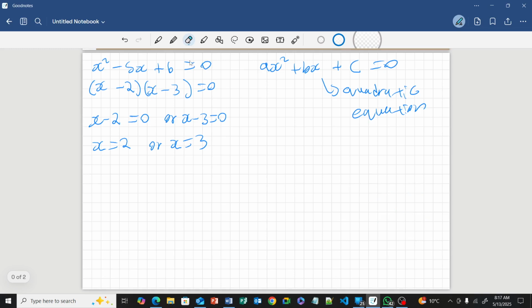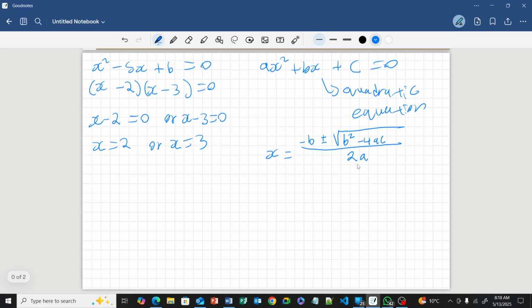The quadratic formula goes by saying that the value of x will be equal to minus b plus or minus the square root of b squared minus 4ac, divided by 2 times the value of a.